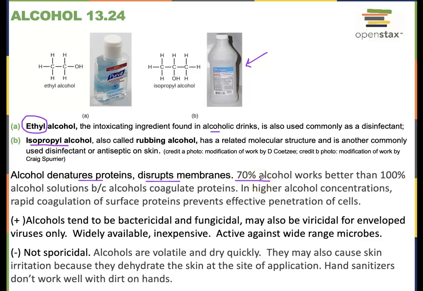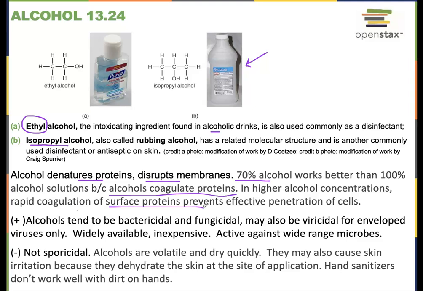Why? Because alcohols coagulate proteins, and that means that there has to be some water present for that coagulation to happen. Also, in higher alcohol concentrations, there's going to be rapid coagulation of surface proteins.